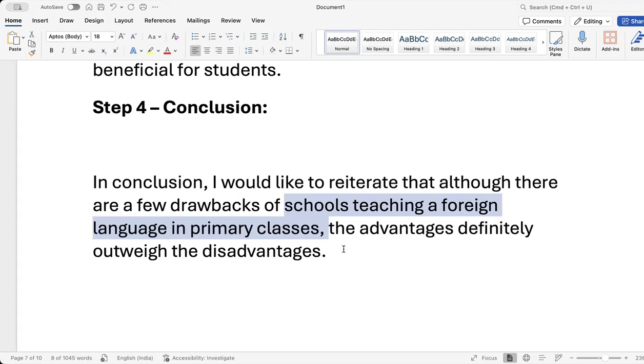No, why did you say advantages? What do I write in the first body paragraph? Tell me. I taught you a structure. What do I write in the first body paragraph?